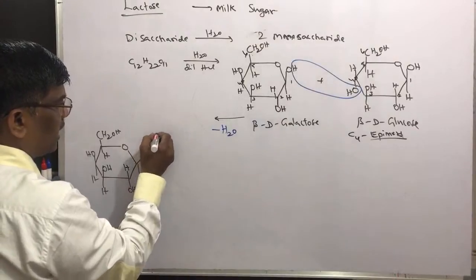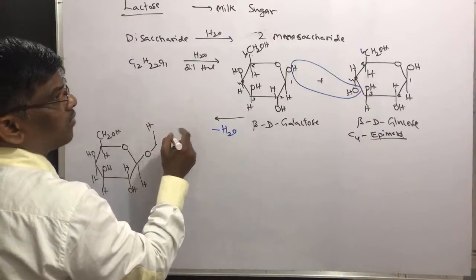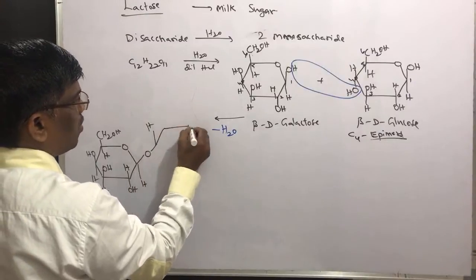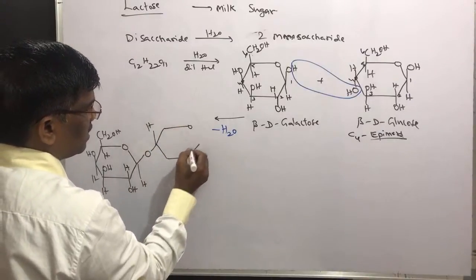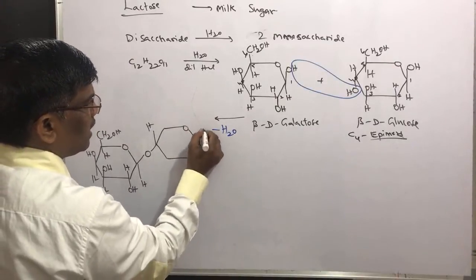I can write like this, hydrogen, fourth carbon, and now it is like this. Remaining, it is free, students.